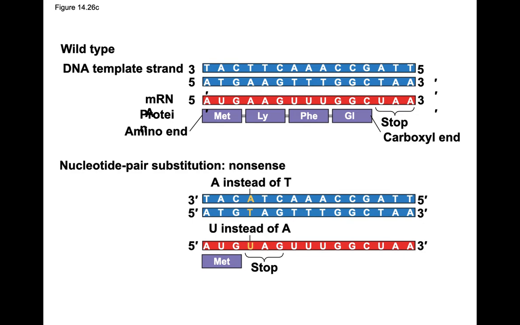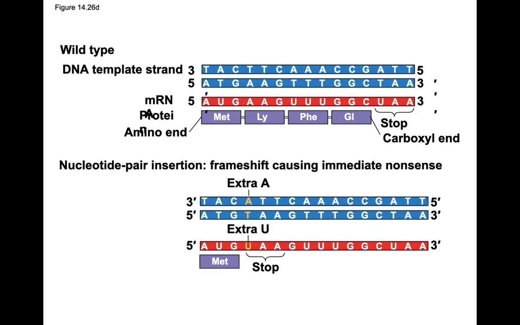We can also have what's called a nonsense mutation, where we have a mutation pretty early on in the coding strand and transcript, and that usually causes a stop codon to be introduced prematurely, so we don't make a full-fledged protein.